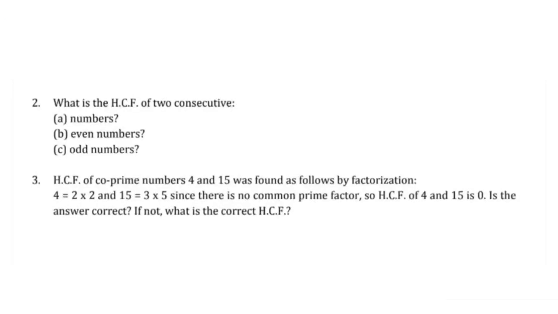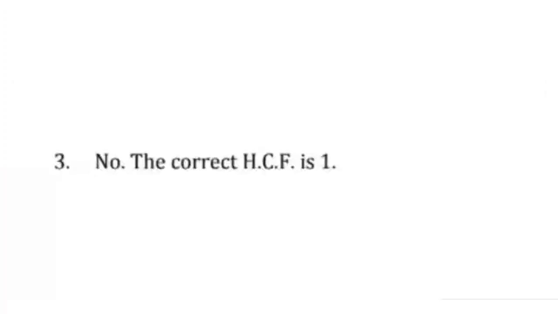If not, what is the correct HCF? So scholars, what is the answer? No, this is false. Because the correct answer is 1. What is common in these two numbers? 1 is common. So the HCF is 1. Now this exercise is completed.